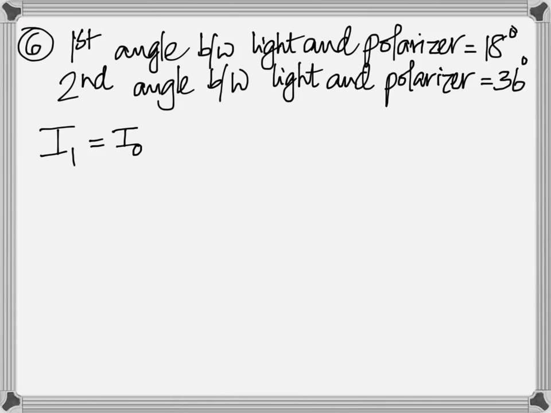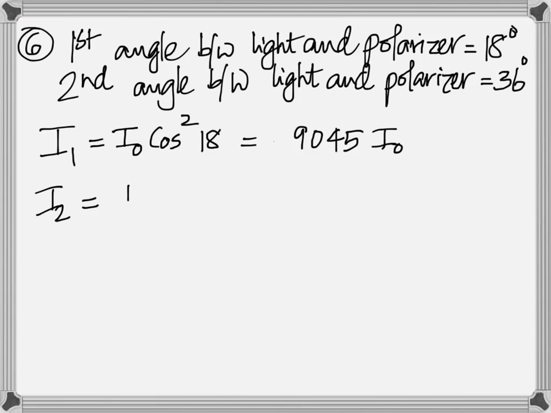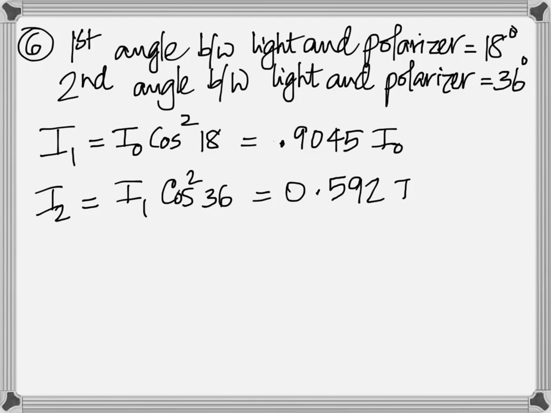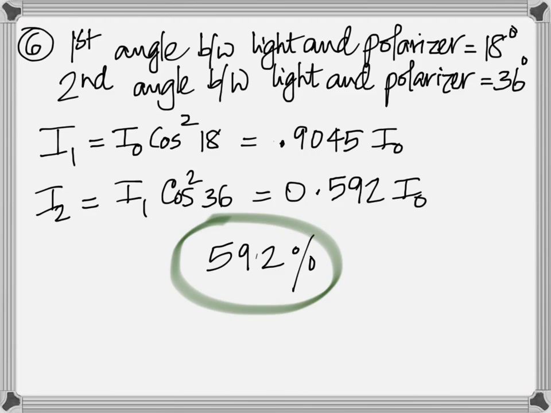So use the formula for intensity, which is I1 is I naught cos squared 18, first case, and then use that to find I2. So you get it as 0.592 I naught, which is 59.2% of the initial intensity.